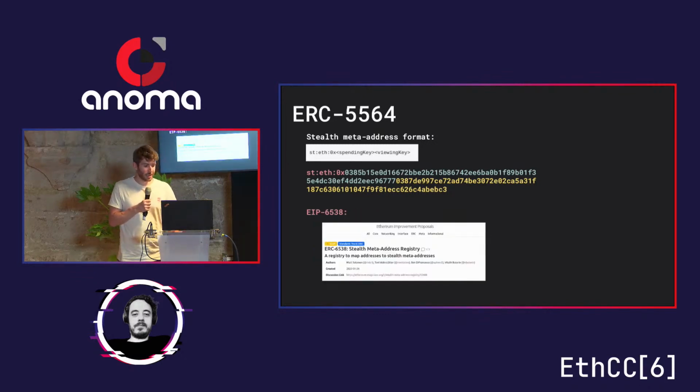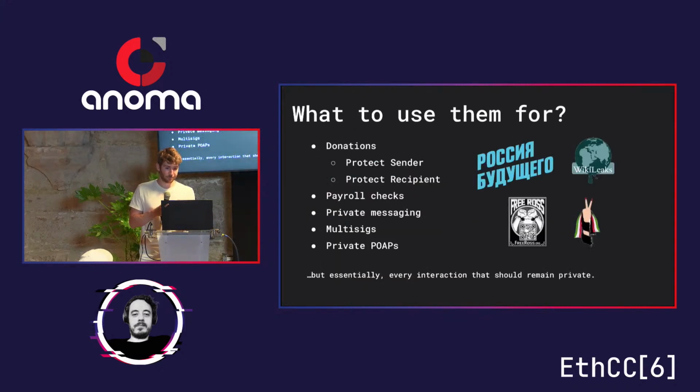There would also be another ERC, a follow-up one, which proposes a stealth address registry where users can register their stealth addresses, making it easier for senders to find the stealth meta-address, which is the one used to generate the stealth addresses for the recipient.